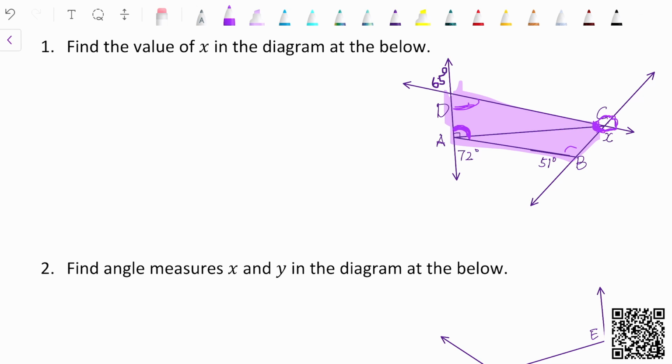We can figure out what this angle is, as it's the same as this, and we can figure out what this angle is, also via 180 and our 51. Therefore, we can also find this angle, and then subtracting it from 180, we can get x. So this way does work, and it is also relatively simple in this problem.